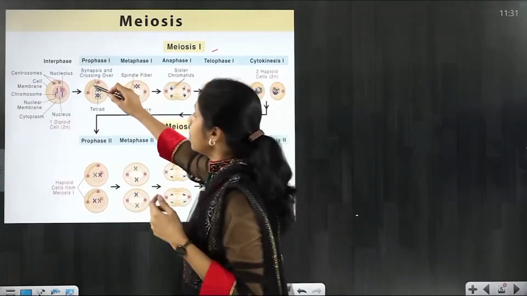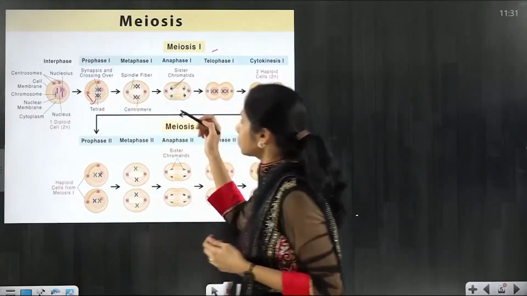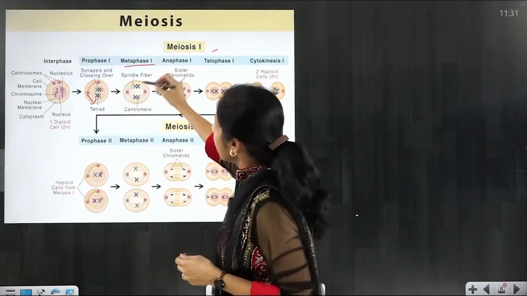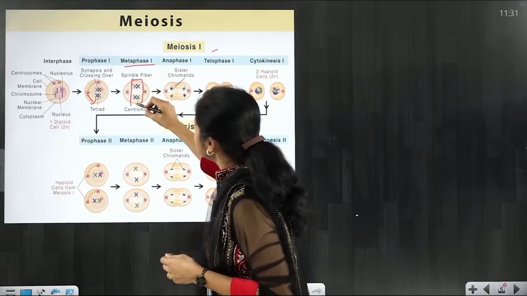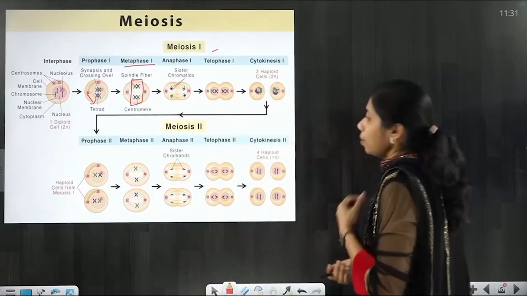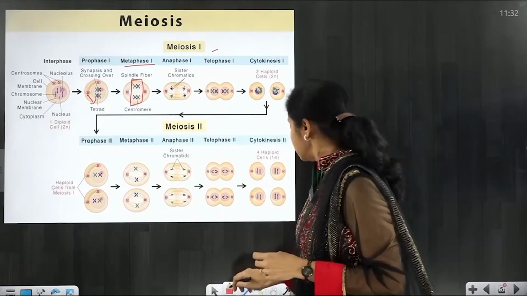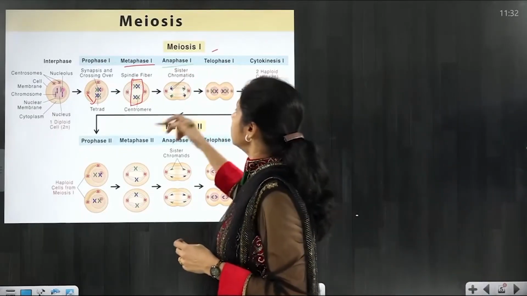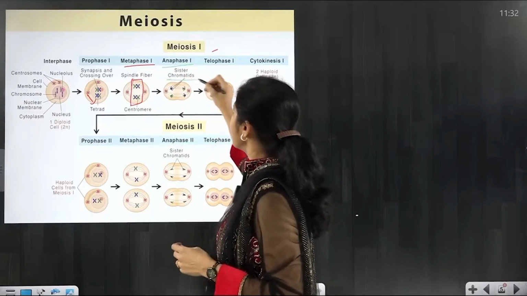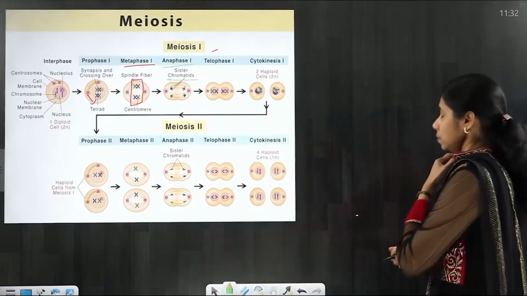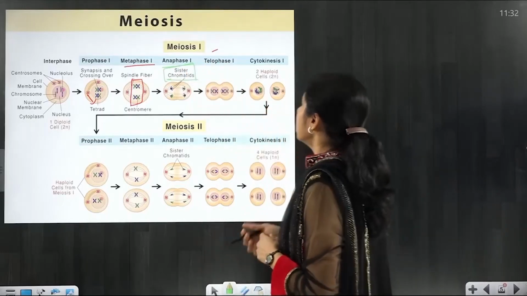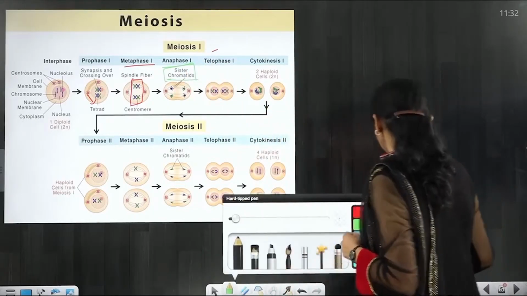Then centrioles move towards the opposite poles, and in metaphase 1 they are aligned in the center to form the equatorial plate. Now after this, in anaphase 1, the separation of chromosomes occurs. Sister chromatids are present together.